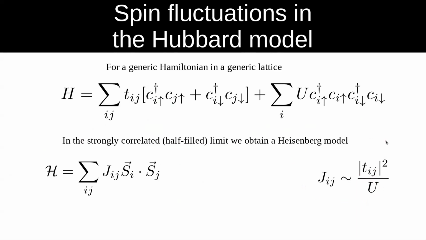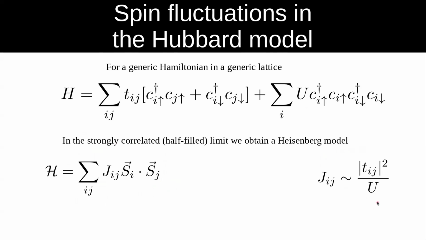From this formula, you can actually observe two very important phenomena. First, if you have very large interactions, the system is going to effectively be gapless in the thermodynamic limit because the Heisenberg model is going to be gapless.